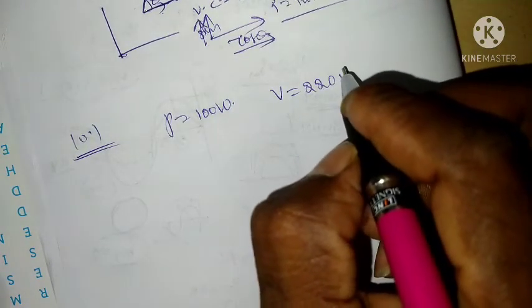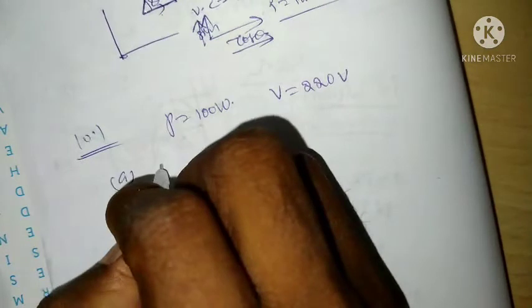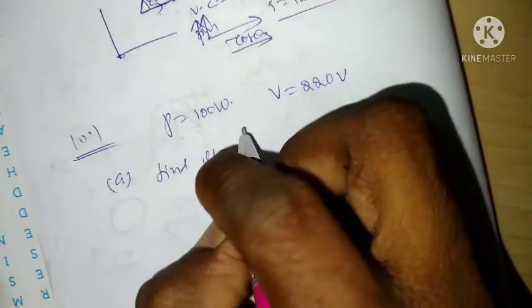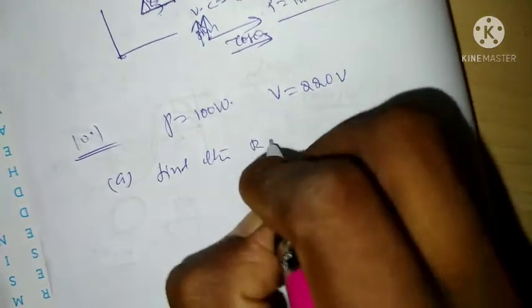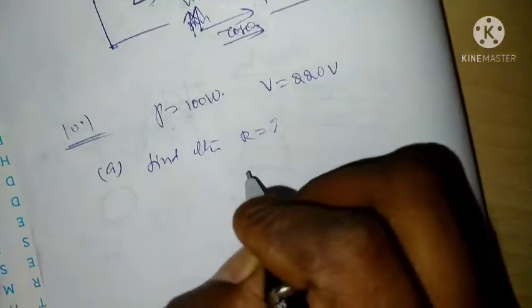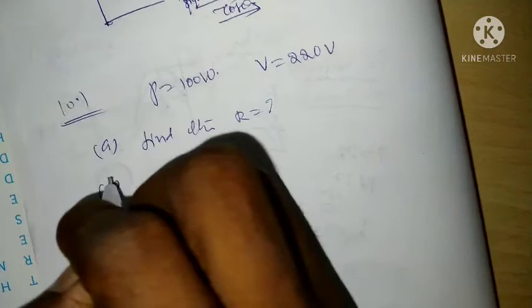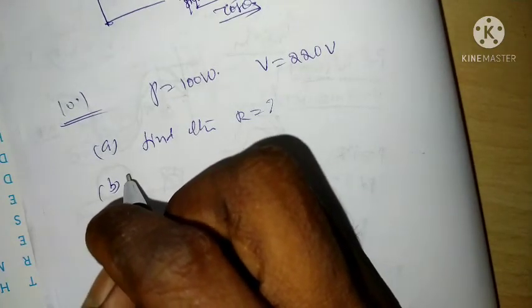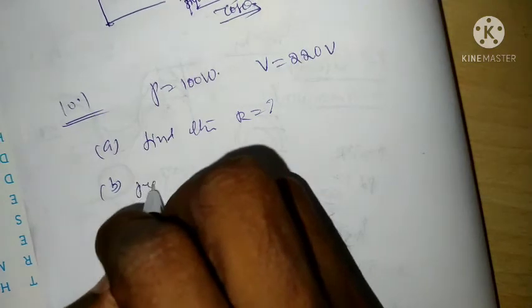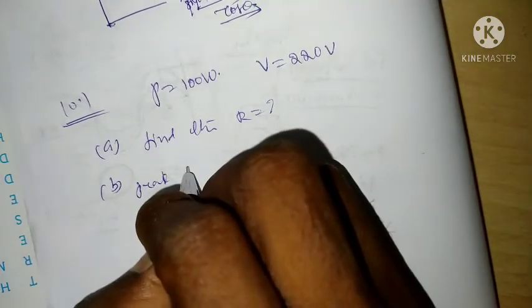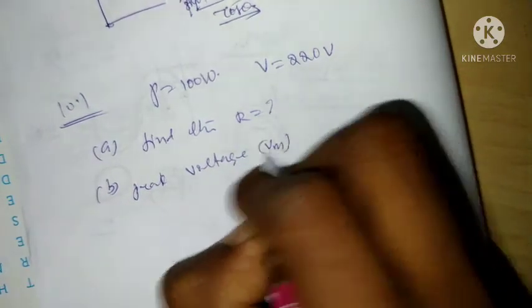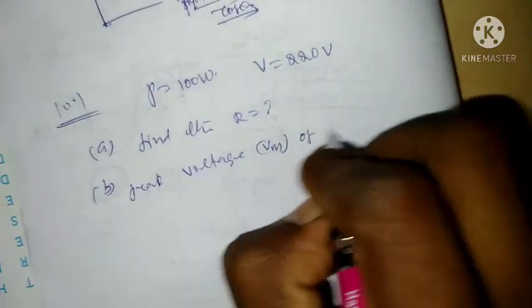Find first A, the resistance of the bulb, R. Next B, the peak value, that is the peak voltage or Vm of the source.